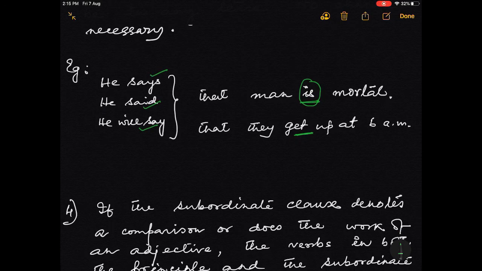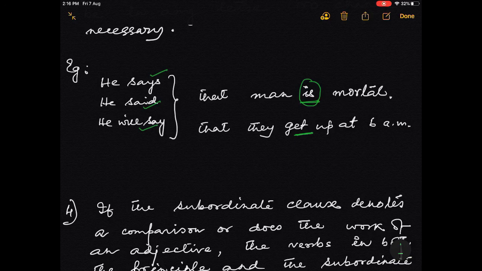So, I can give a summary. If the verb in the principal clause is in the present tense or in the future tense, there will be no thinking of changing the verb of the subordinate clause, no change.